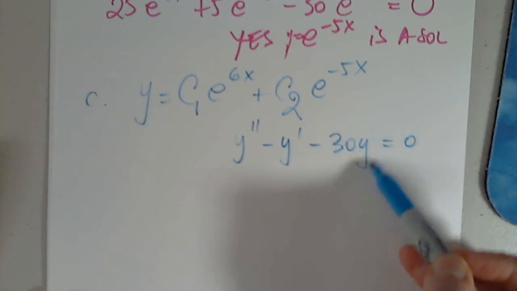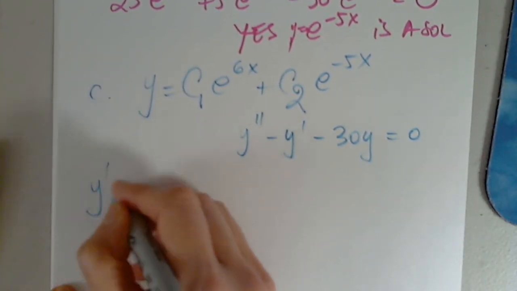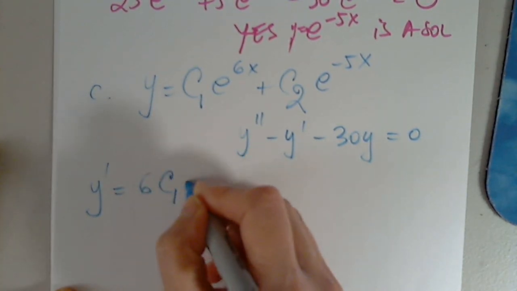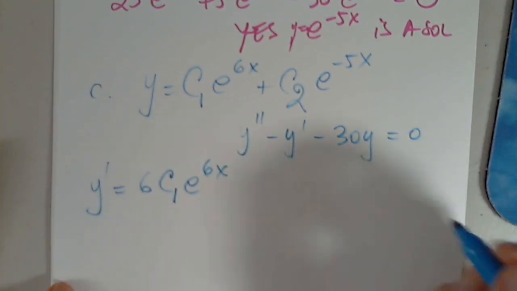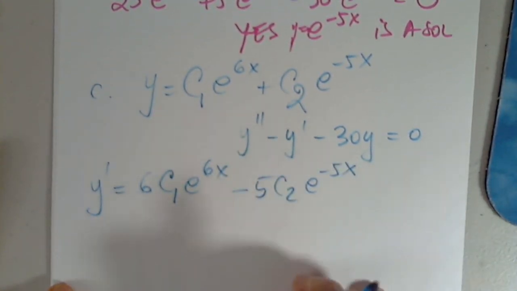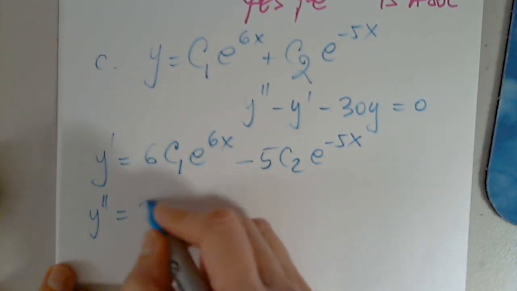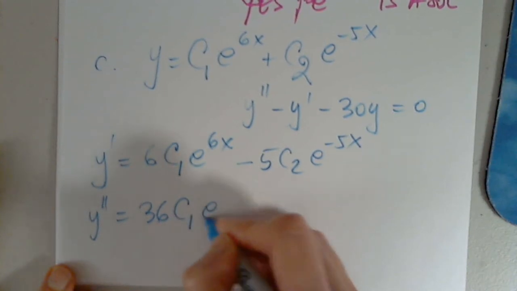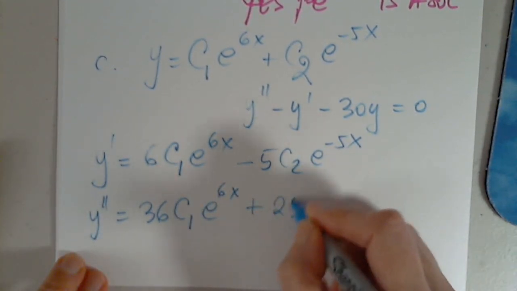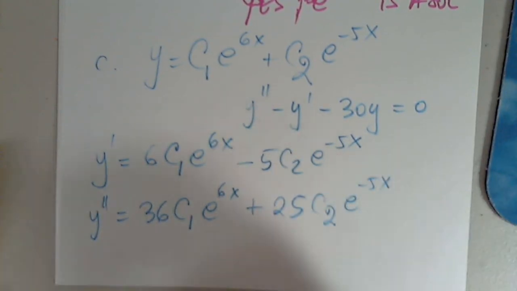I have y, but I have to determine y prime and y double prime. So the first derivative will be 6 c1 e to 6x, and then minus 5 c2 e to negative 5x. And the second derivative will be 36 c1 e to 6x, and plus 25 c2 e to negative 5x.